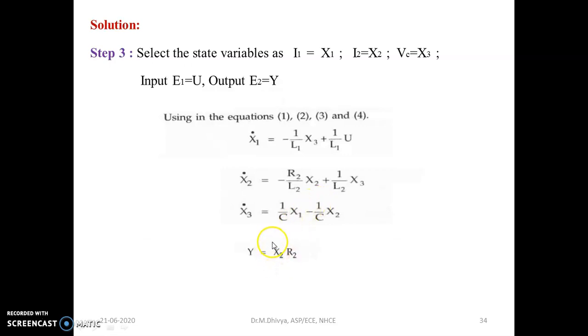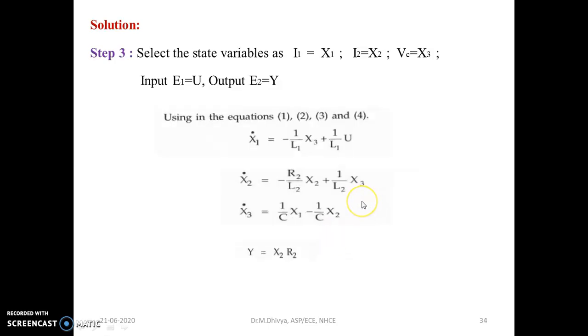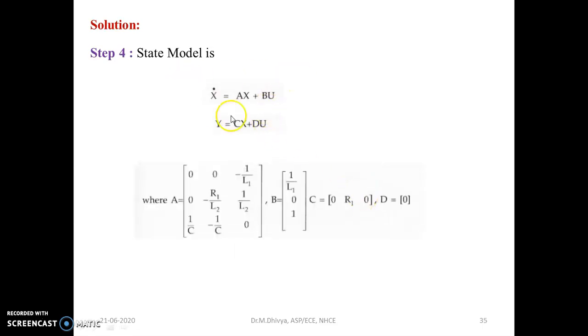Here the coefficient of x1 is 0, the coefficient of x2 is there, and of x3 is 0. So it is 0, R1 and 0. And similarly, the matrix D is 0. There is no input variable in the output equation.